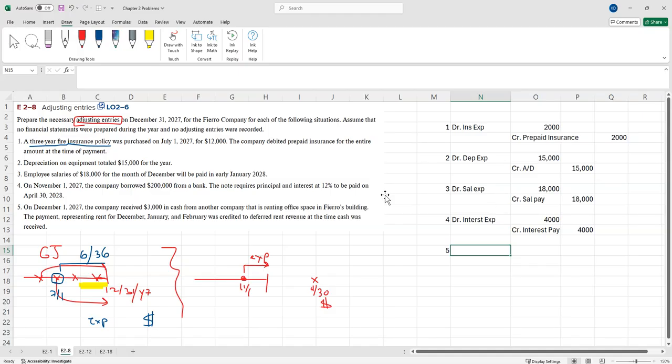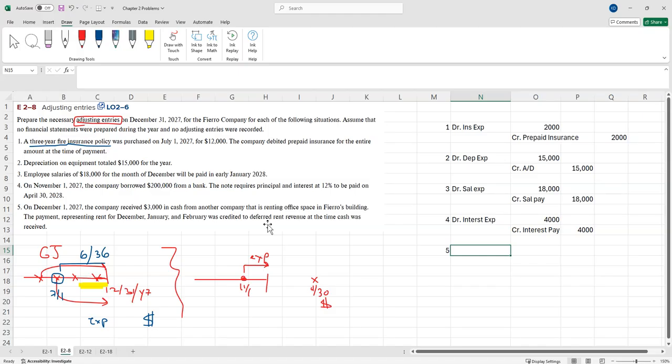Next up, last one, 5. On December 1st, the company received $3,000 in cash from another company that is renting office space in its building. So we must have gotten some prepaid rent. That rent was for December, January, and February, and we had unearned rent revenue at the time. So they gave us 3 months of rent in advance.